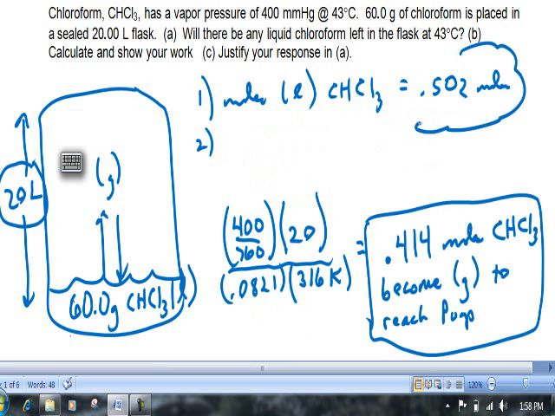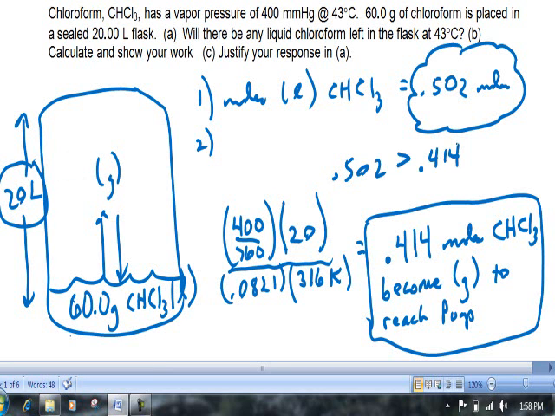Now, because the amount of moles of liquid that's present, 0.502 moles, is greater than 0.414, which is how many moles become gaseous to reach the vapor pressure, that means we have more than sufficient liquid to evaporate and reach the vapor pressure inside this container.